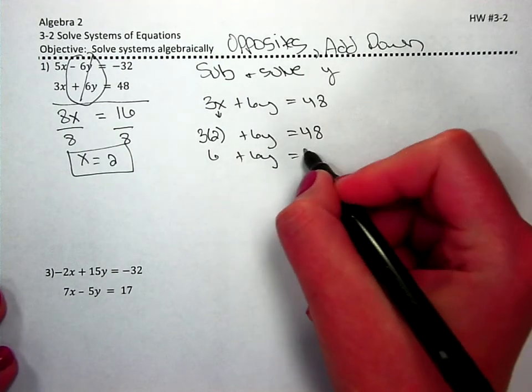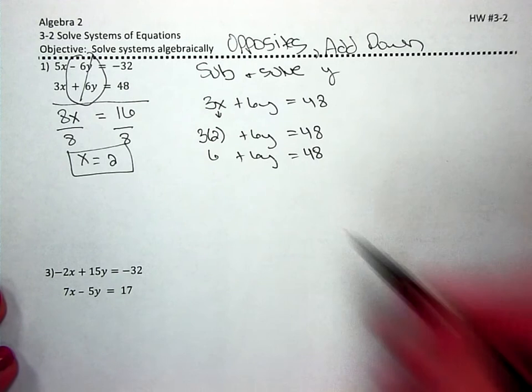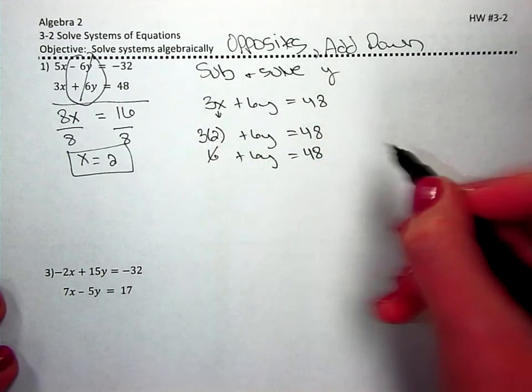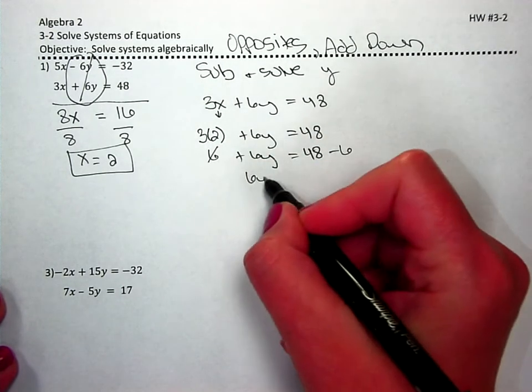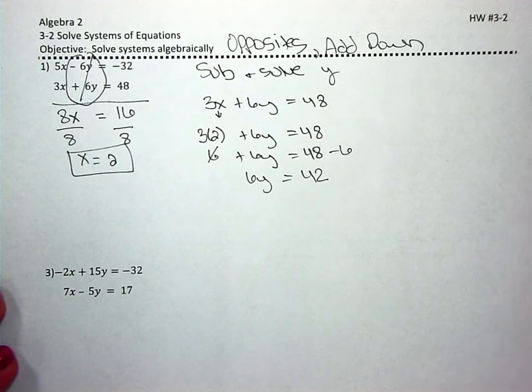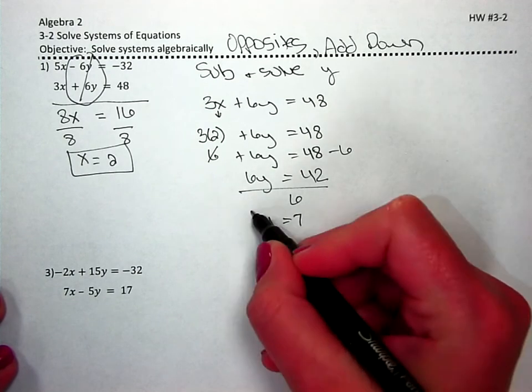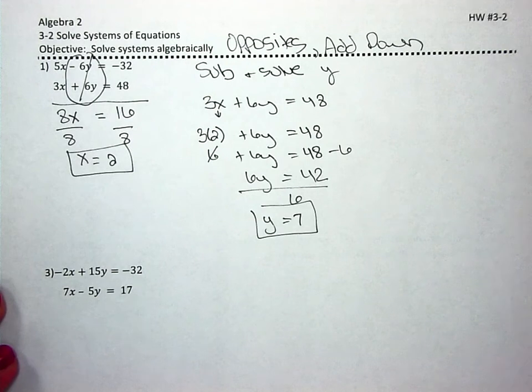Multiply, solve for y. So I'm going to have to subtract 6 over to the other side. That gets me 42. And you divide, y equals 7.